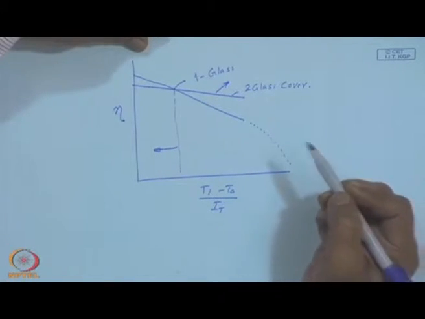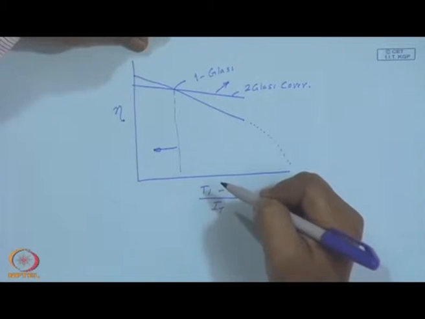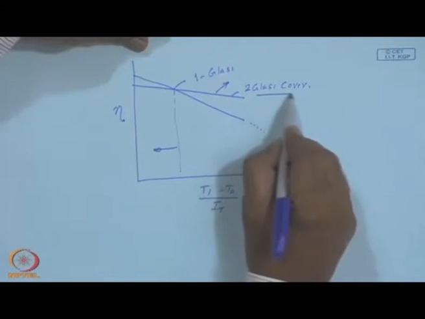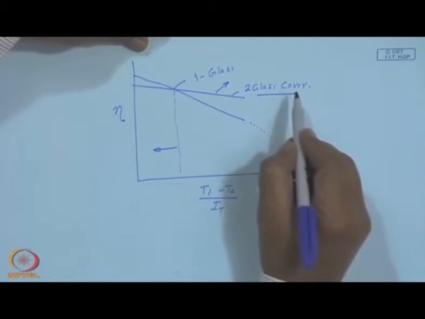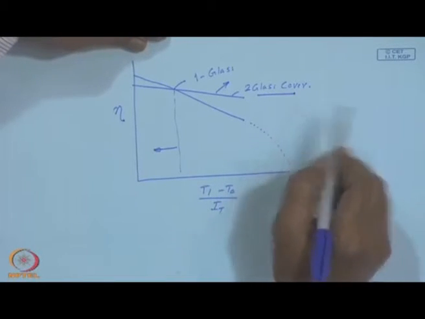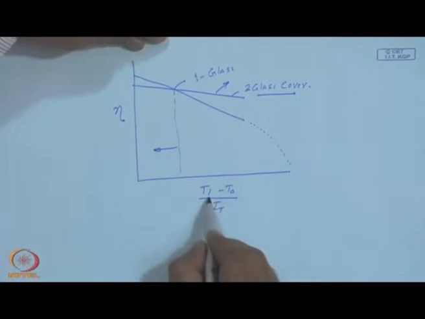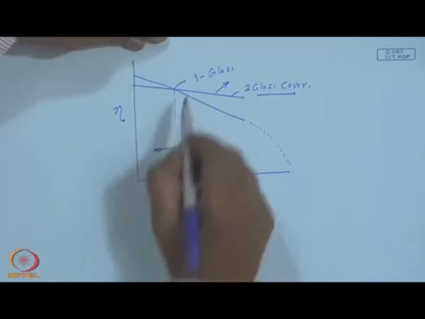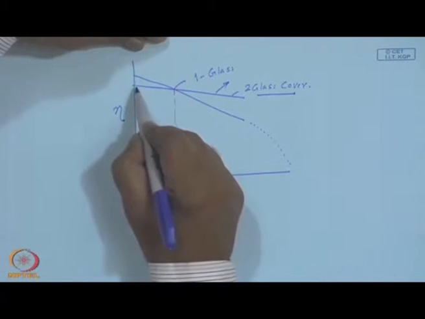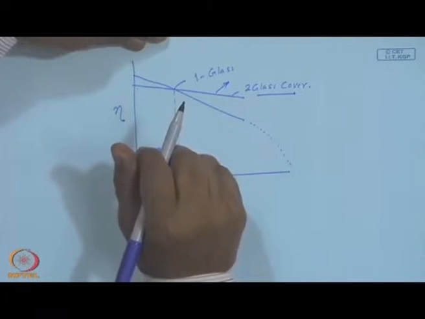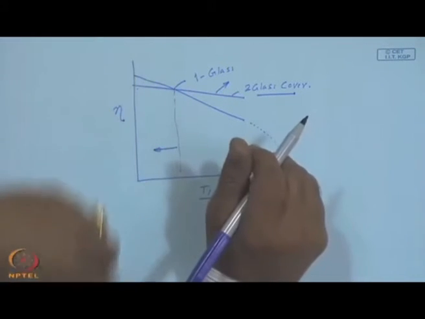In other words, if the operating temperature is high, in the case of 2 glass covers, a lower U_L is beneficial, whereas if the operating temperature is low, there will be some sort of a reduction in transmittance absorptance product compared to 1 glass cover.